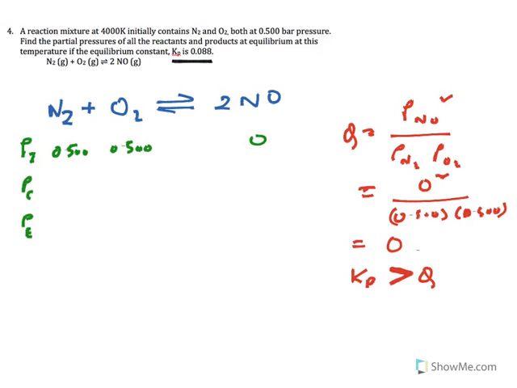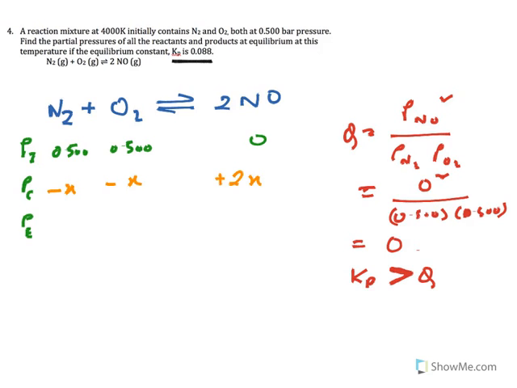Now that we know that our reaction moves to the right, we can continue with our ice tables. So just like before, we're going to set variables. So for the change, for nitrogen, we're going to have negative x. For oxygen, again, we'll have negative x. And for nitrogen monoxide, we are going to have positive 2x.